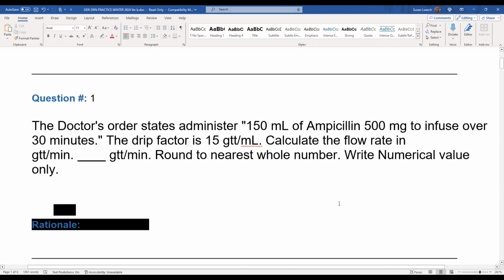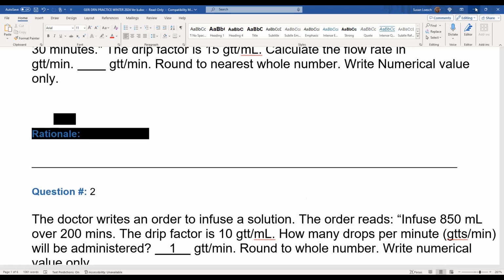I was looking to see if I had another one on there, but I don't see one. All right. Are you guys comfortable with that now? Yes.